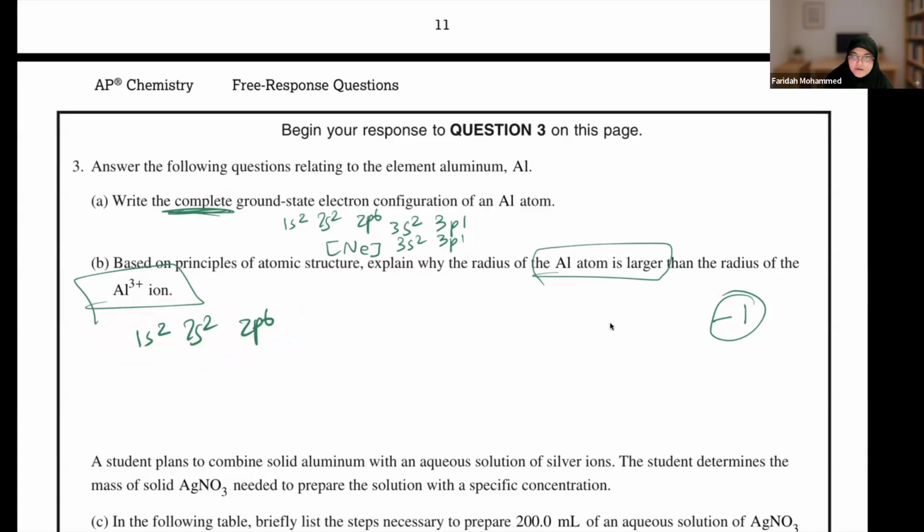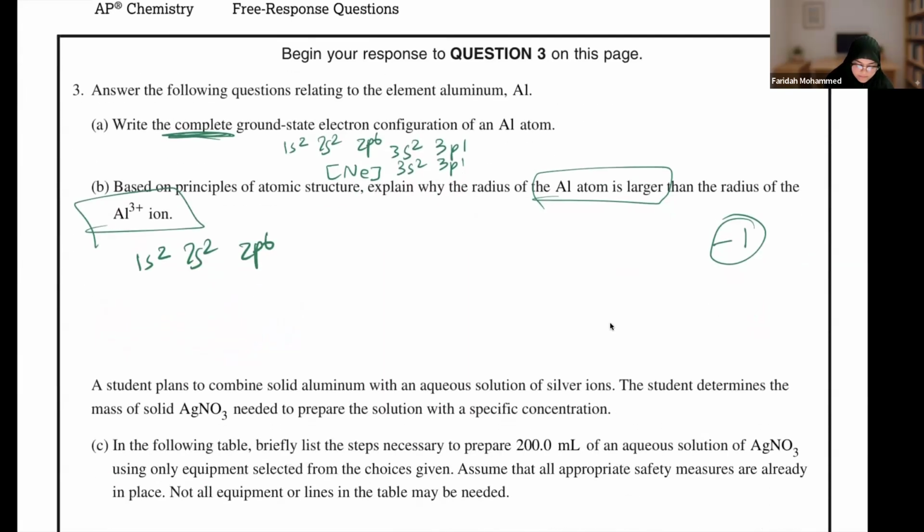Always talk about Coulombic attraction. Make sense? If you did not write about the shell, then subtract 1.